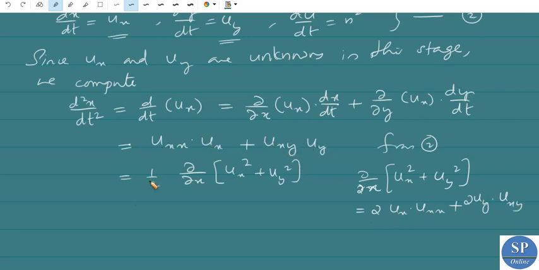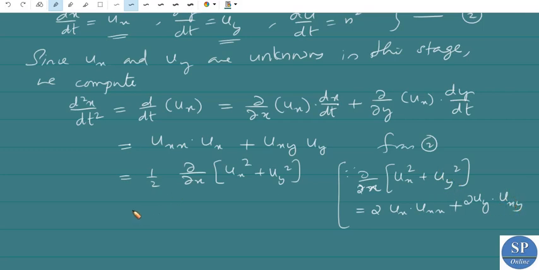So this can be written as 1/2 into ∂/∂x of (ux² + uy²). The partial derivative of ux² + uy² with respect to x is, by chain rule, 2 into ux into the derivative of ux with respect to x, that is uxx, plus 2 into uy into the derivative of uy with respect to x, that is uxy.